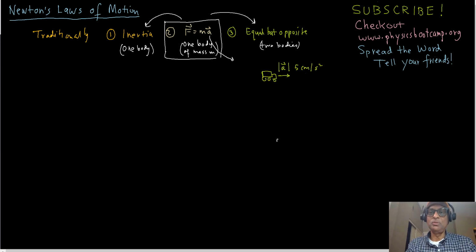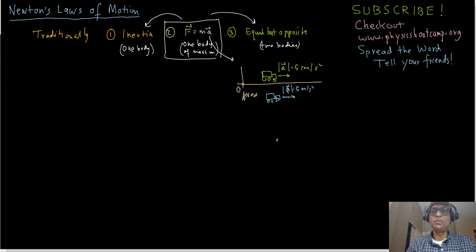What do you mean? What you mean is there is this frame, which is fixed, and this is the acceleration with respect to this frame. Now imagine there was another truck over here, which also has acceleration in the same direction, 5 meters per second squared.